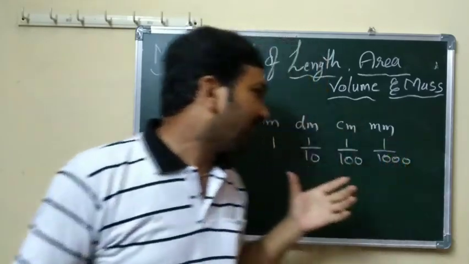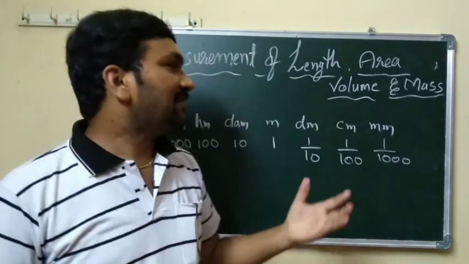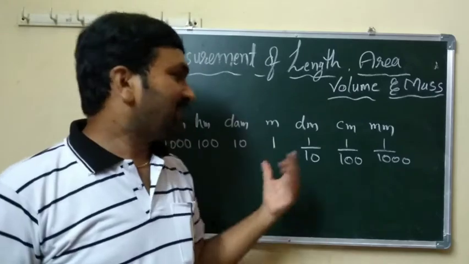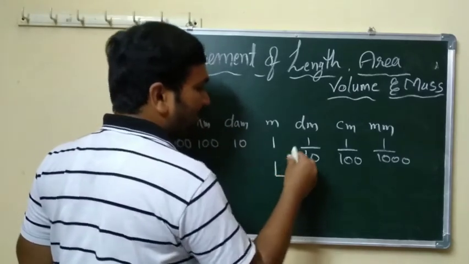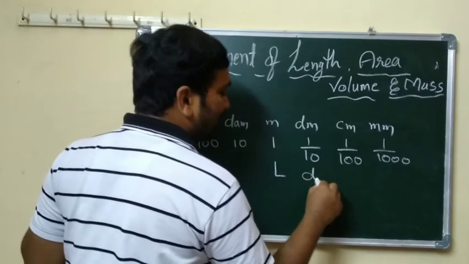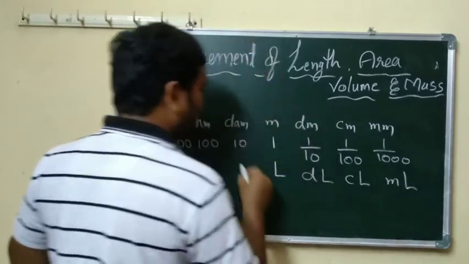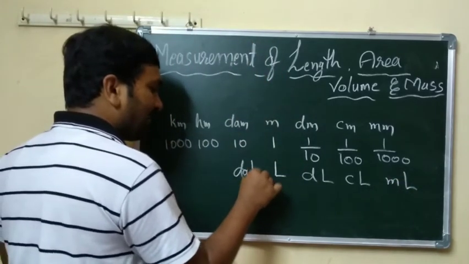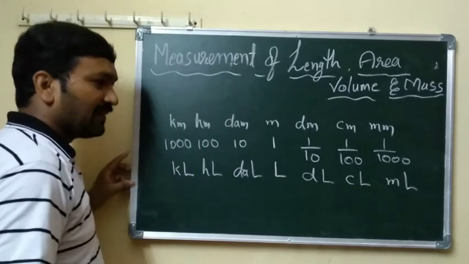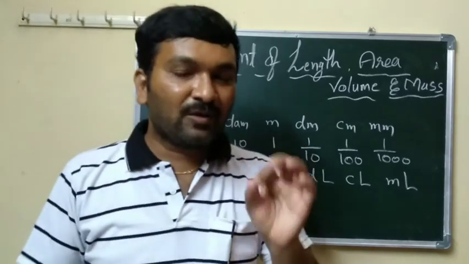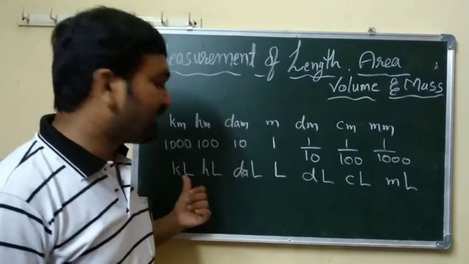The same thing we apply for liters also. Liters will be represented by capital L. Here are deciliter, centiliter, milliliter, and decaliter, hectoliter, kiloliter. Kilogram means 1000 grams, and kiloliter means 1000 liters.